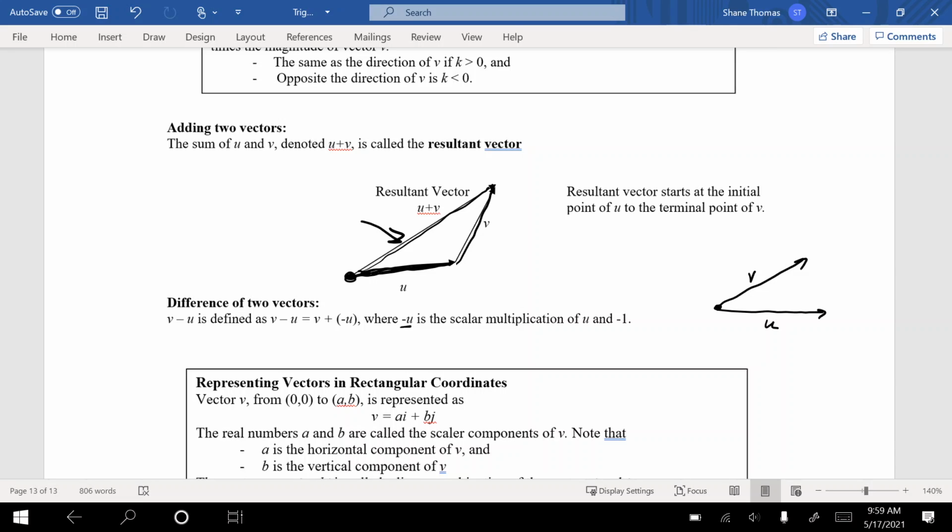I would leave v, start at its initial point, go to terminal, and then that would be negative u. I just flipped it around. I changed the direction, flipped 180 degrees. That is now negative u. So this over here would be my resultant vector of v minus u. And again, what shape does it make? It makes a triangle. So this would be the resultant vector for the subtraction. This is the resultant vector for addition.